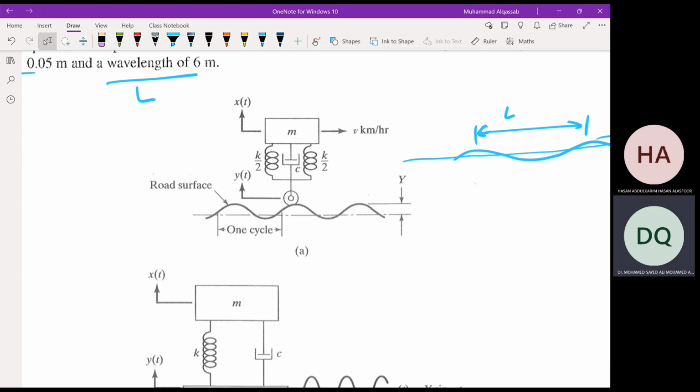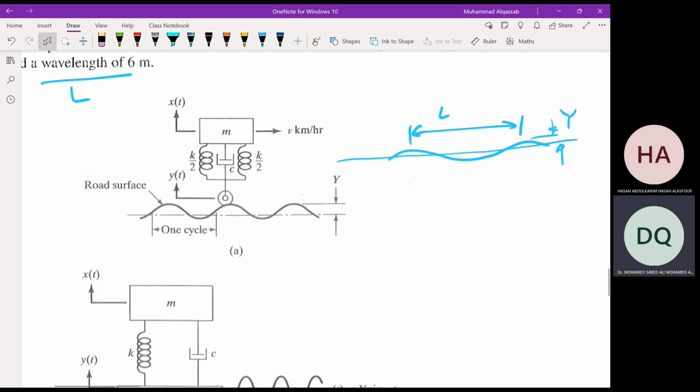When you have a car traveling over a road, there are two parameters affecting the frequency of excitation. One of them is the speed, the other is L. Why? Because the definition of frequency is cycles per second. So how many cycles will the tire cover per second?